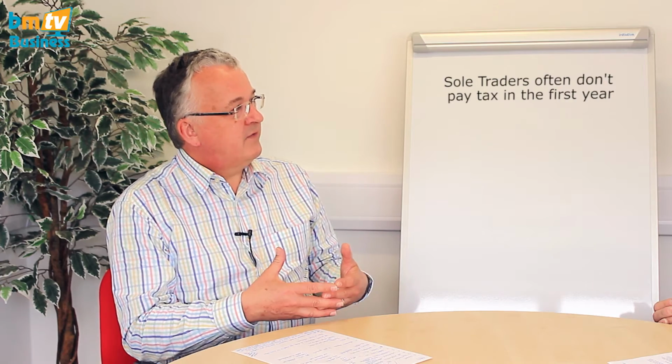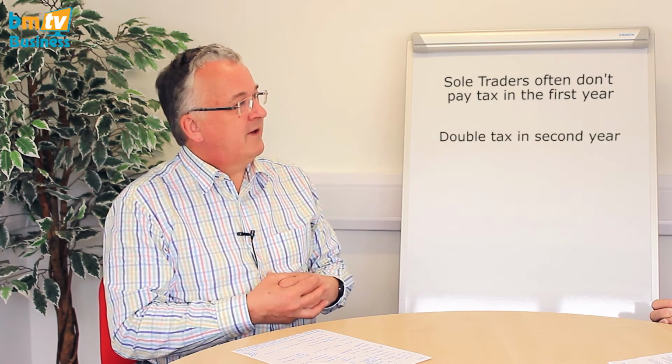So in the first year, you often don't pay any tax or appear not to pay any tax, and then surprise, surprise, they catch up with you in year 2. That's all normal, if you like. The system is not helpful because it doesn't actually encourage you to pay anything in the first year, but then you get this double taxing going on in the second year as they catch up with you.